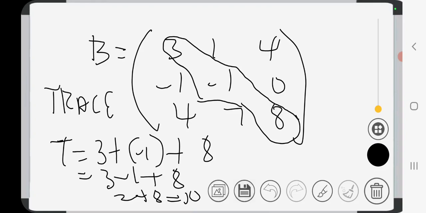So in my next video, I'm going to introduce us to the idea of what is called a minor of a matrix and the cofactors of a matrix, how to find the minor and how to find the cofactor.